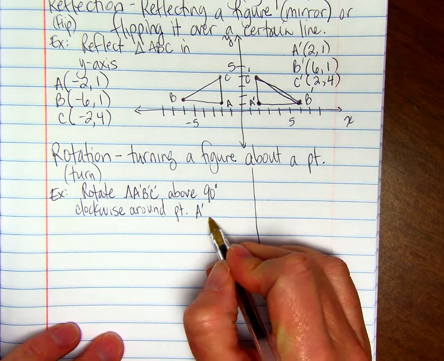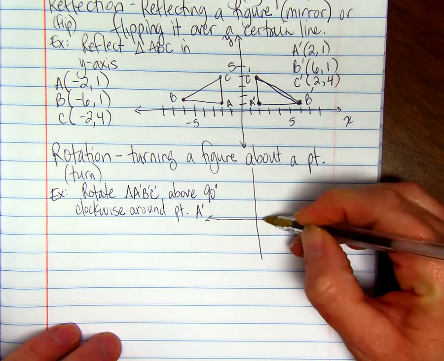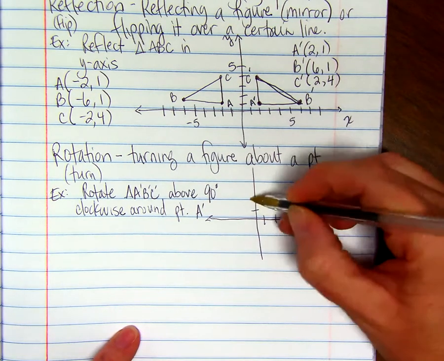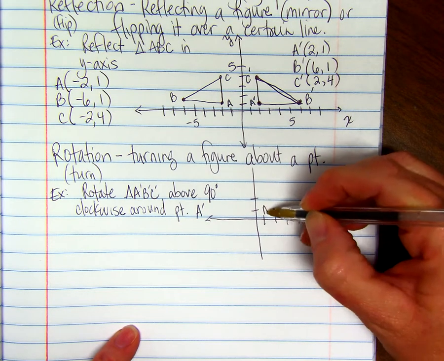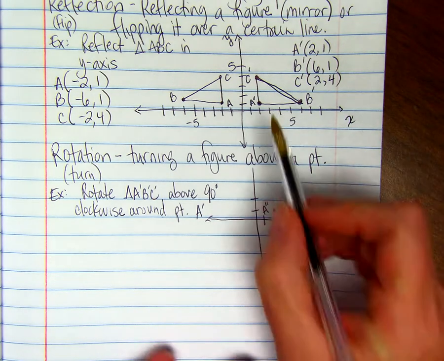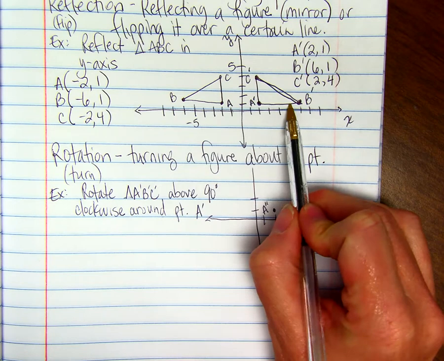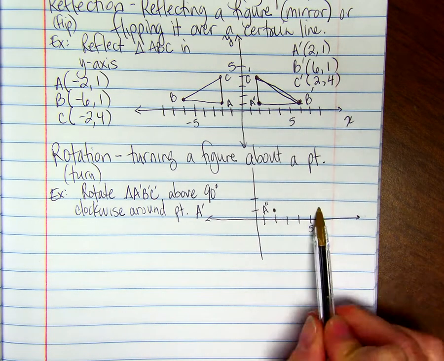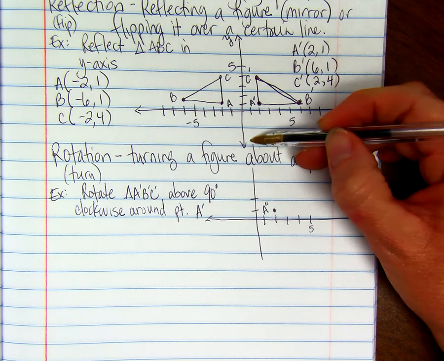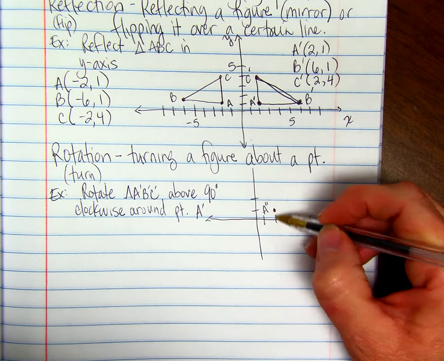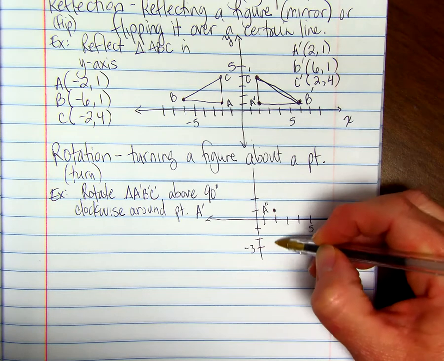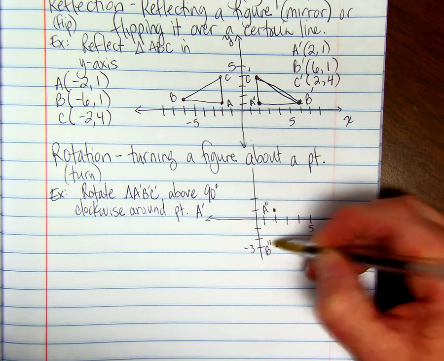So my A prime is actually going to stay in the same spot. So it's going to be at 2, 1, and that's going to be called a double prime because now we're moving A prime, so we're going to add an extra prime there. B is 1, 2, 3, 4 spaces to the right, so I want to go 4 spaces down because 90 degrees would take it straight down instead of to the right. So 1, 0, -1, -2, -3 will be B double prime.